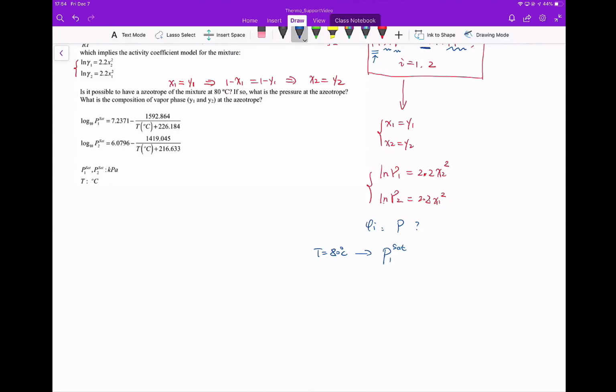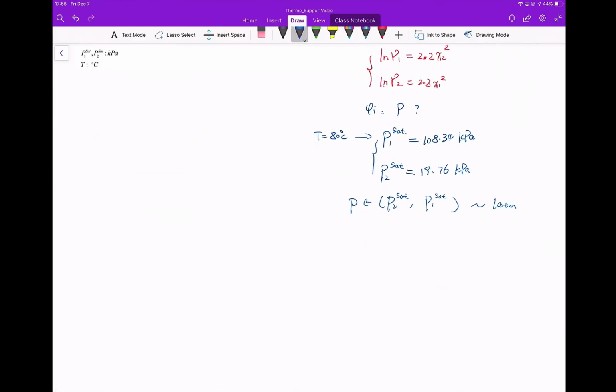using the Antoine equation, and I have the values in the shared solution, which is 108.34 kPa. Similarly, we can easily solve for P2 sat, which is 19.76 kPa. From there we can see that P shall be between P2 sat and P1 sat, generally around 108 or below.